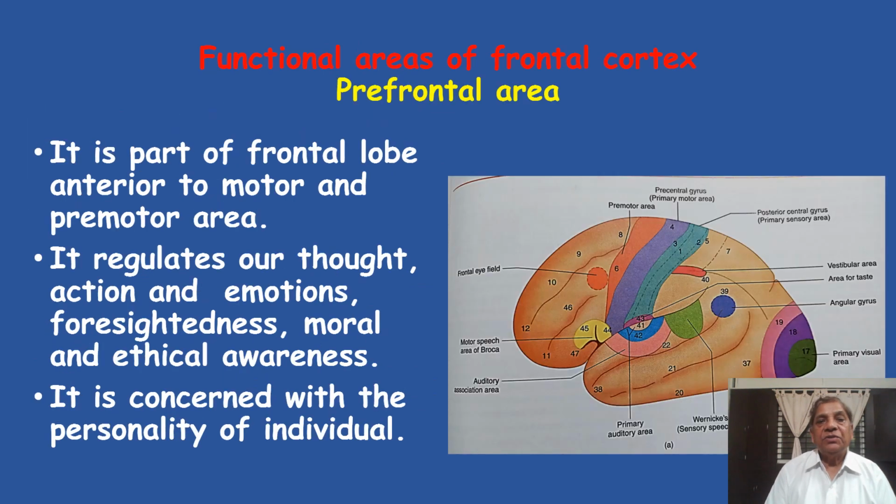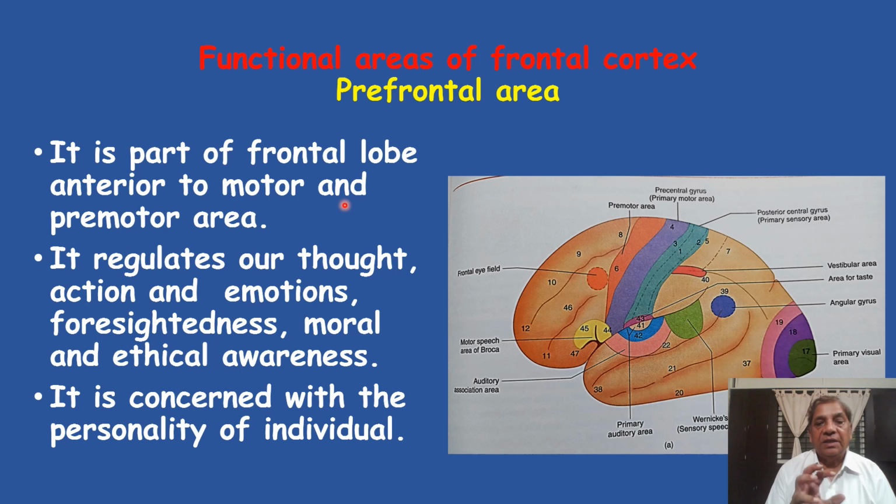area. Now coming to the last functional area of the frontal cortex, what is called the prefrontal area. It is a large area on the superolateral surface, medial surface and the orbital surface, extending into the superior, middle and inferior frontal gyri, in front of the premotor and the eye field, and just above the Broca's area.